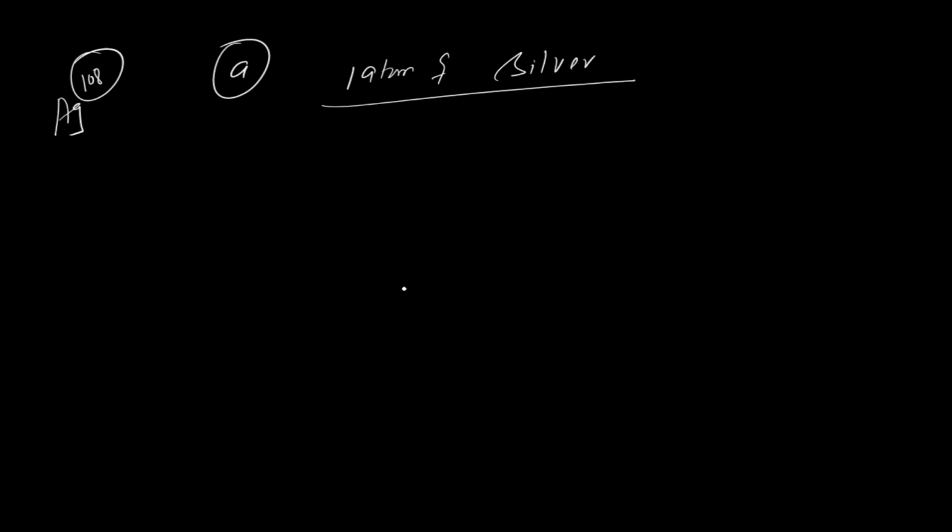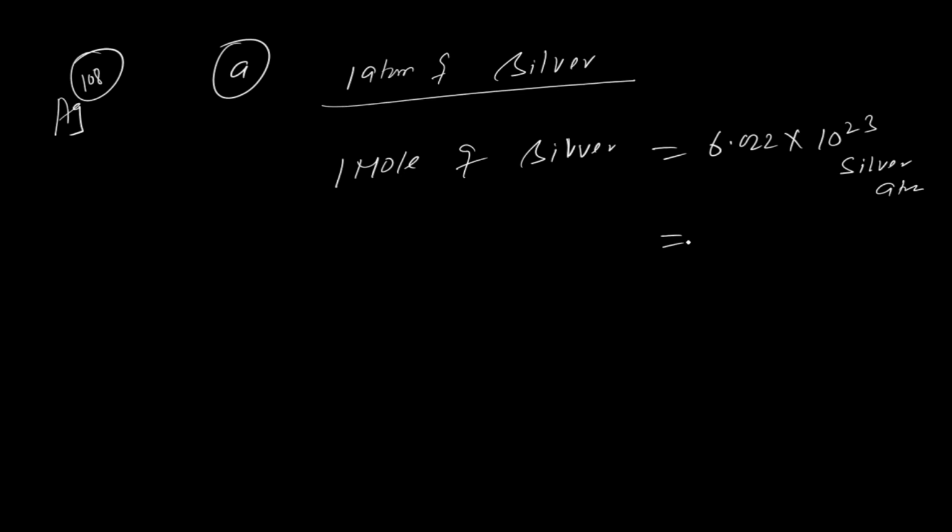Okay, now 1 mole, we move to the basic concept. 1 mole of silver will be equal to 6.022 into 10 power 23 silver atoms, and this will be equal to the gram atomic mass, that's 108 gram.